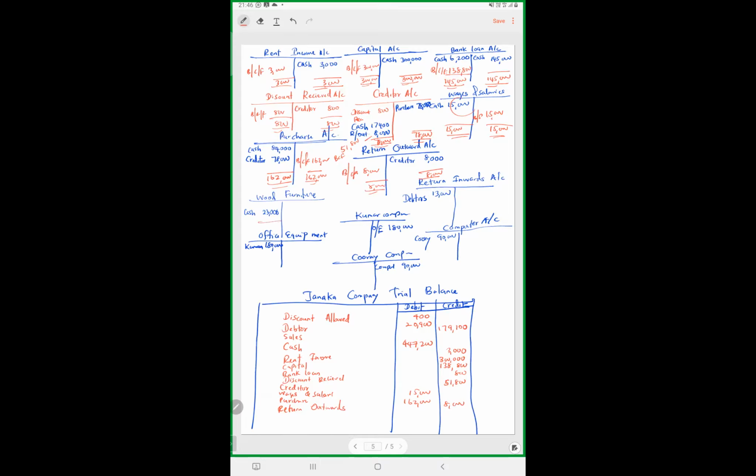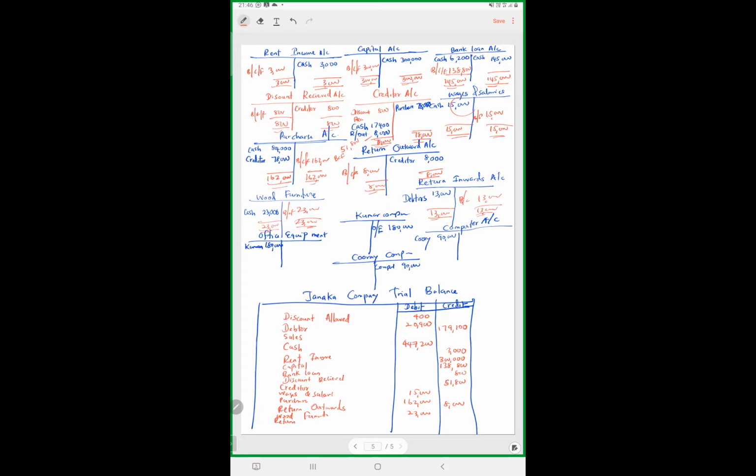Then wood furniture 23,000, 23,000, BCF. Wood furniture 23,000. And return inwards 13,000, 13,000, BCF.